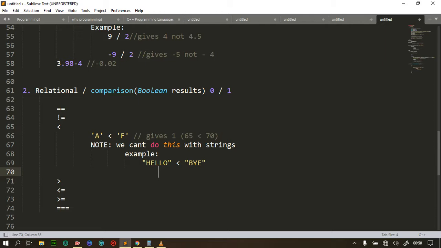So for that case, it means you'll be tapping into string manipulation and you'll need a function like string compare. All I wanted to bring out was we can compare characters, but we cannot compare strings by way of comparison operators.